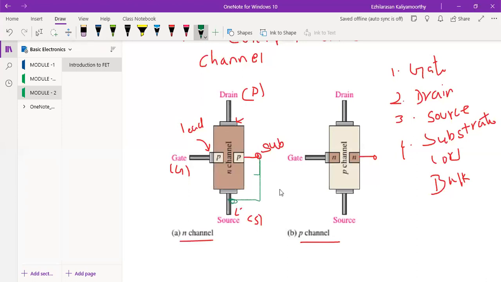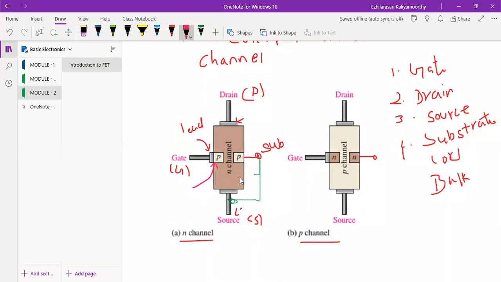But next, we need to know about the construction from the diagram. Normally, as we can see here, the wire leads connect to each end of the N channel. The drain is at the upper terminal, the lower is nothing but source. The two P types, which one? This one.